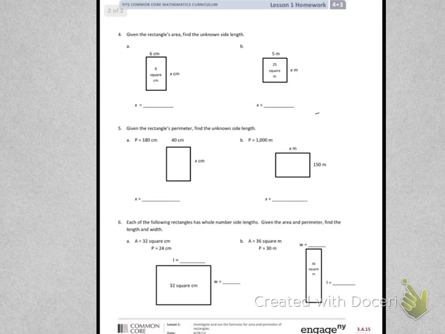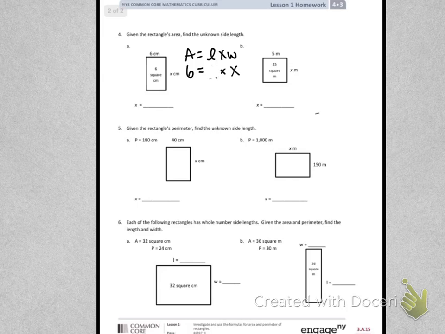So we need to try to figure out what that width, what that X value is. So we're going to start by writing down the information that we know. We know that area equals length times width. And the problem gives us that the area is 6, the length is 6, and the unknown width, they're giving it to us as X. So let's work out this math and see what we know.